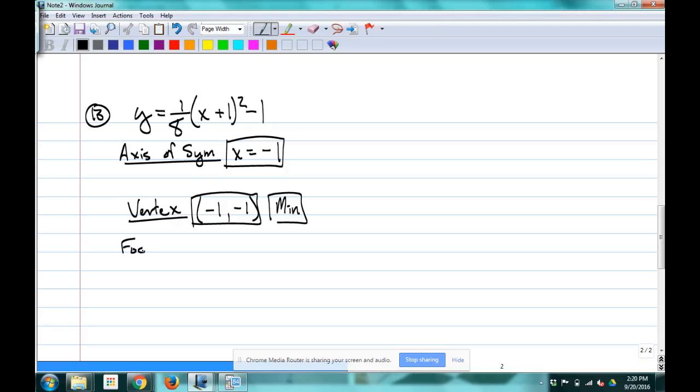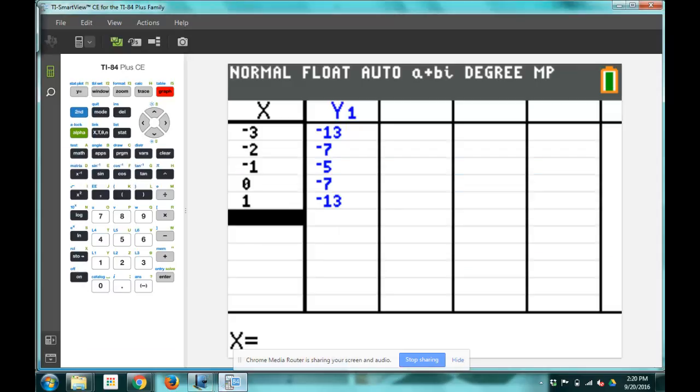Okay. So with the focus, -1, and then we're taking the y value and adding 1/4 times 1/8. 4 times 1/8 would be 1/2, right? Yeah.